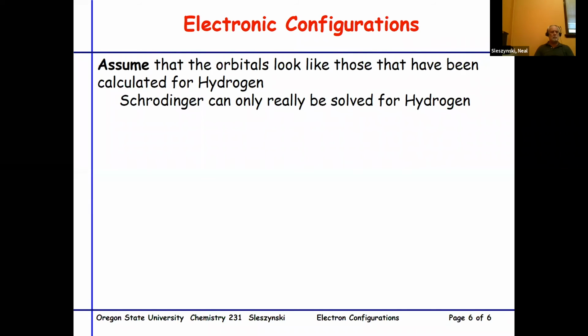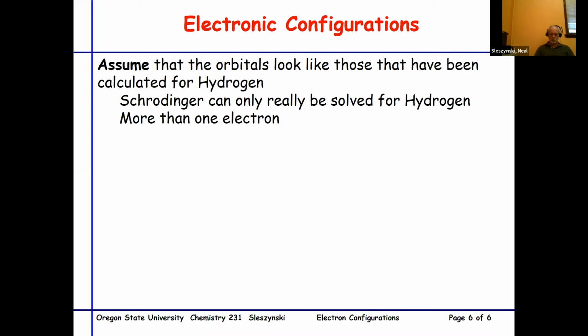It turns out that the Schrodinger equation, which gives us the quantum mechanical solution for the energy of these orbitals, can only really be solved for the hydrogen atom, where we have only one electron and one proton. As soon as we have more than one electron, there are too many interactions for us to be able to solve the Schrodinger equation.